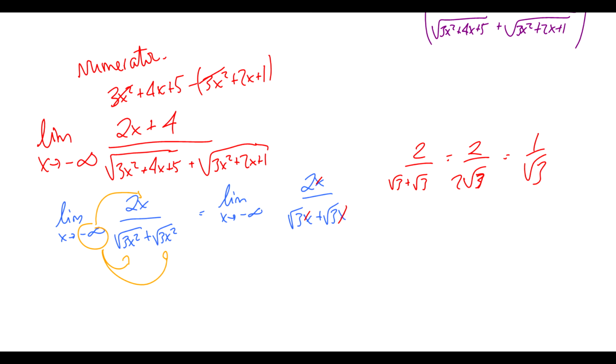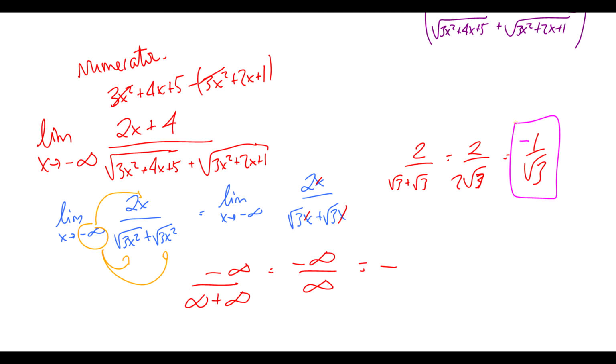So we know the top is going to be negative, and the bottom, because we have to square it, is going to be a positive plus a positive. So we're going to get a negative infinity over an infinity, which gives us a negative sign, which means this answer should be negative. So we get negative 1 over root 3.